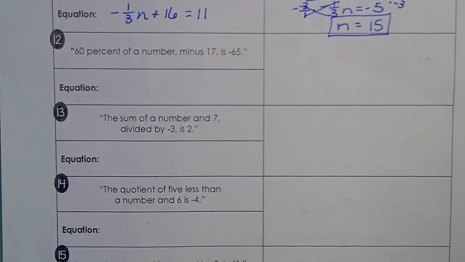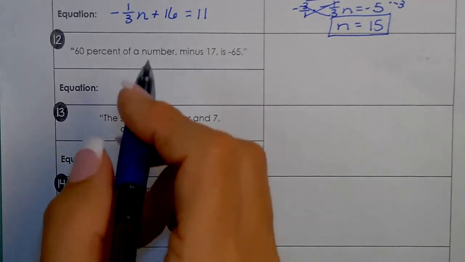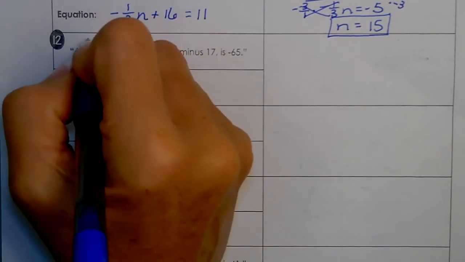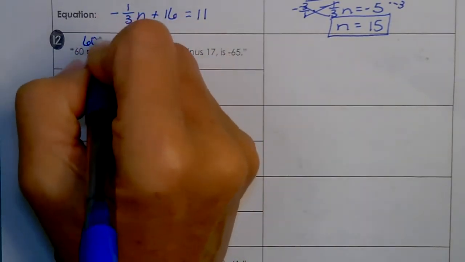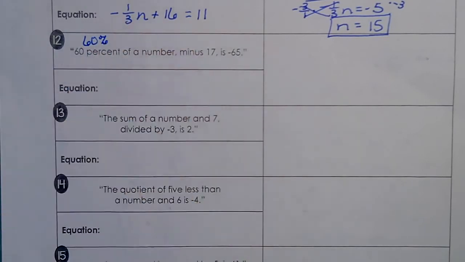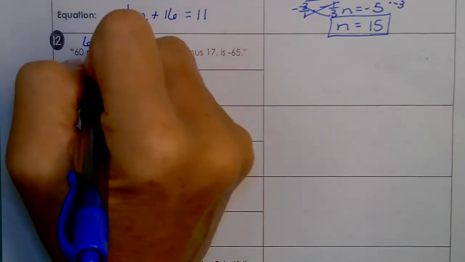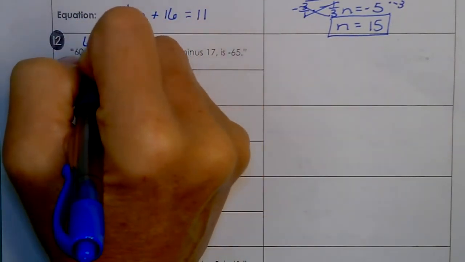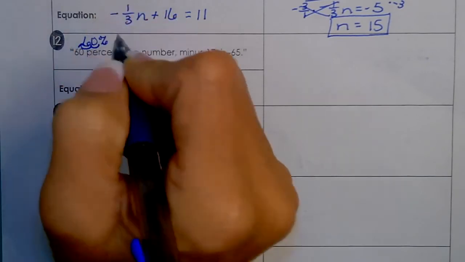Number 12, 60% of a number minus 17 is negative 65. So 60% of a number. So 60% is this. But we know that we have to convert that to a decimal. So converted to a decimal, I would go 2 spaces to the left.